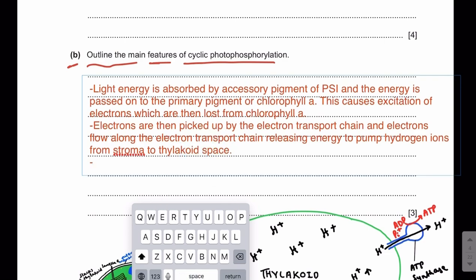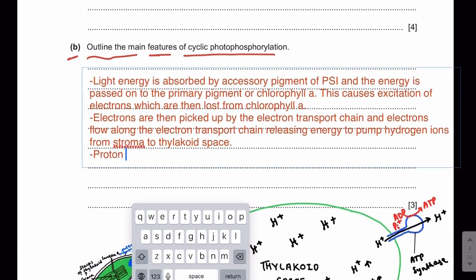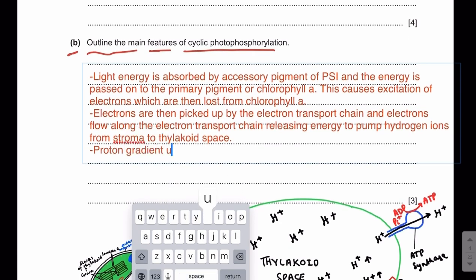Then a proton gradient, or hydrogen ion gradient, is set up across the thylakoid membrane.